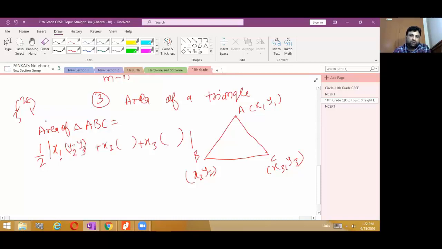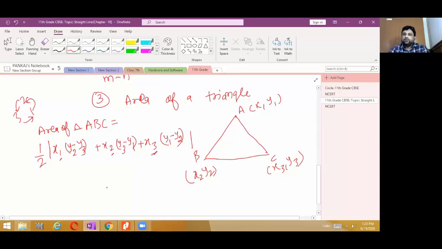Clear? After 2, 3 will come and after 3, 1 will come. So for suffix 2, it will be y3 minus y1. For x3, after 3, 1 will come and then 2, so we write y1 minus y2. Got it? So this is the formula for finding the area of triangle ABC.